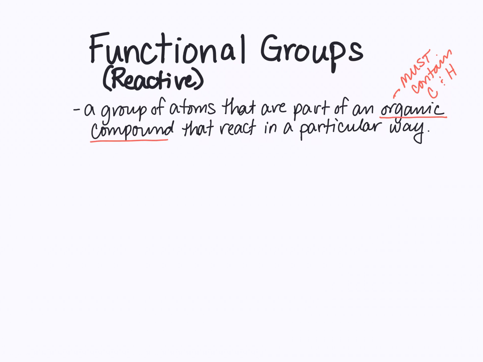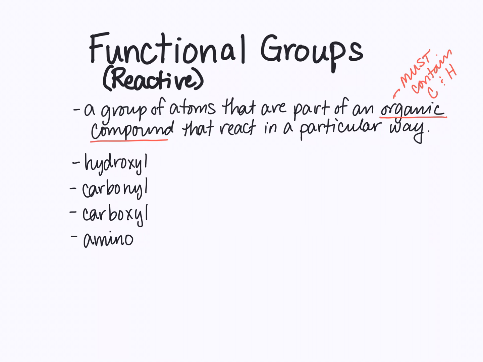The functional groups that we are going to look at in more detail in this video are going to be the hydroxyl group, carbonyl, carboxyl, amino, sulfhydryl, and phosphate groups.